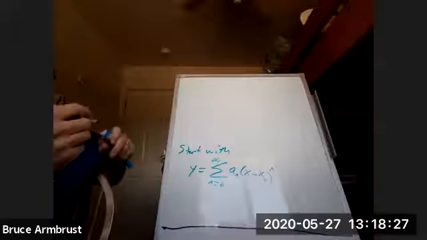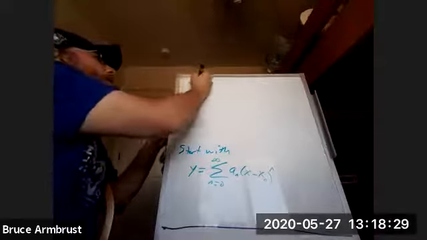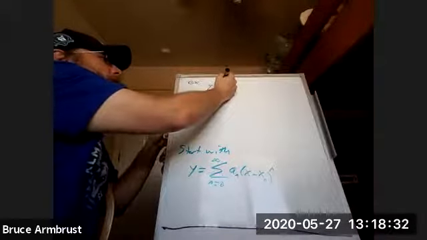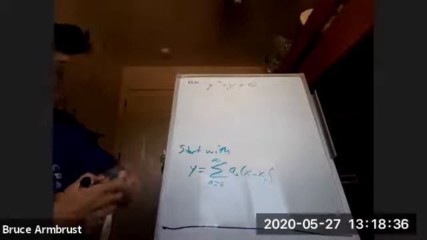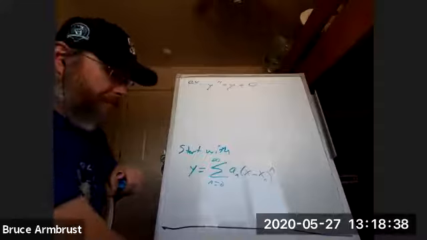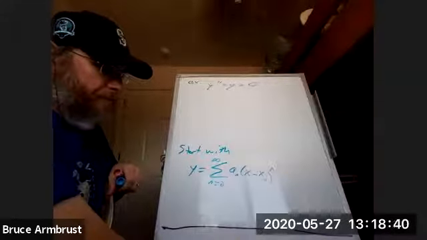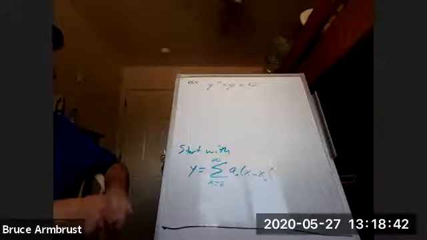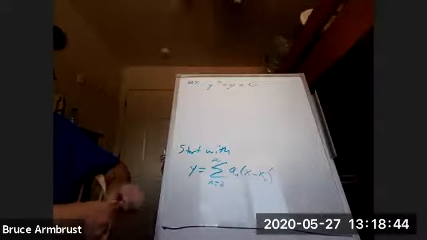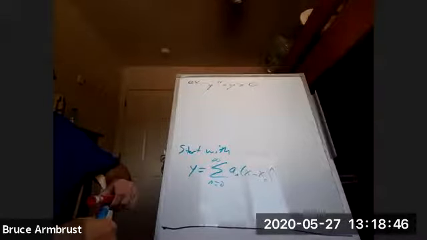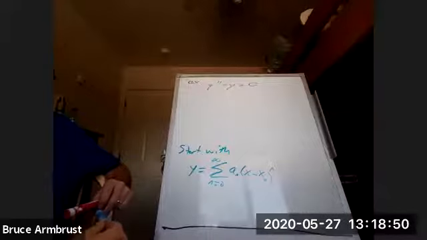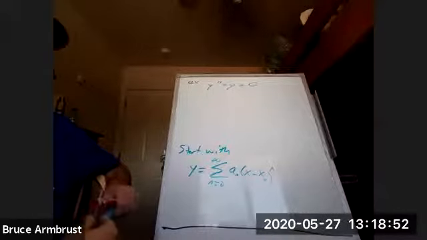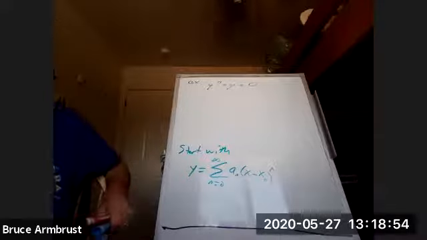All right, so for this one, let's go with y double prime minus y equals 0. So like I said, this is one that you can solve. In fact, I bet some of you can just look at that and tell me what the fundamental set are.